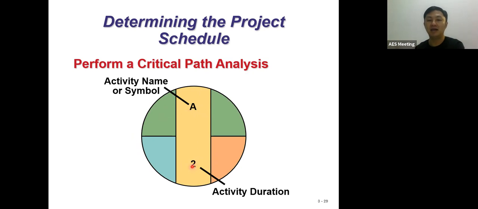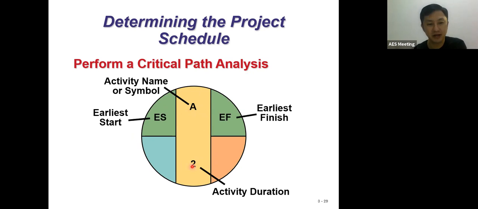Now where are the early start, early finish, late start, late finish? Let's see the diagram. Here we have ES, the early start of the activity. Activity A has no predecessors, so the early start is 0. 0 means we can start right now.